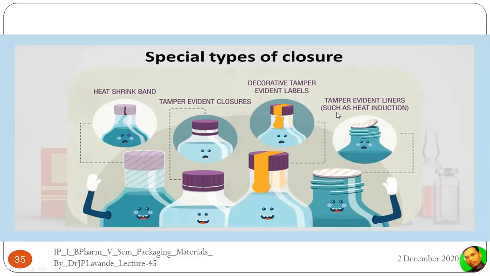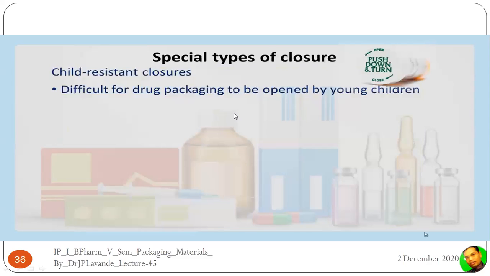Then there are the heat induction liner systems, where the liner is attached onto the opening of the bottle and then the cap is fixed over it. These are the different types of special closures which fall under the category of tamper evident closure systems, and that is very common in the case of pharmaceuticals.